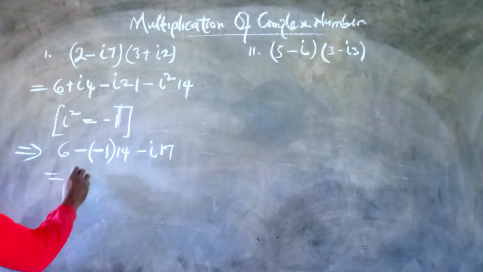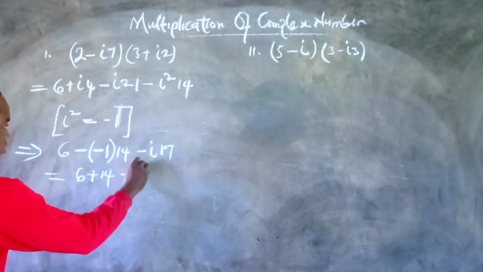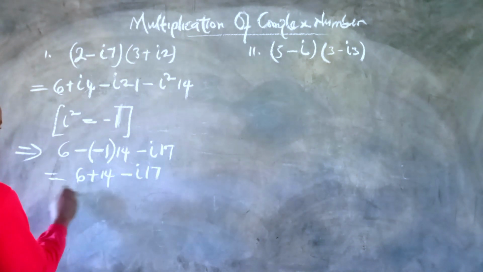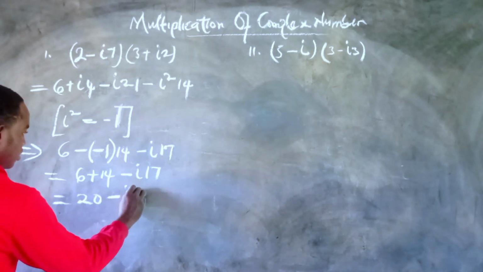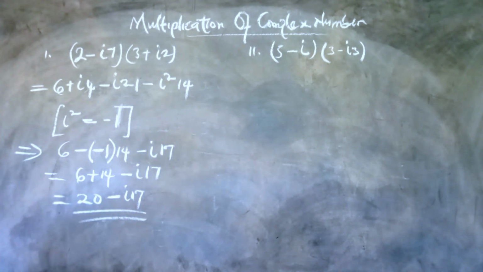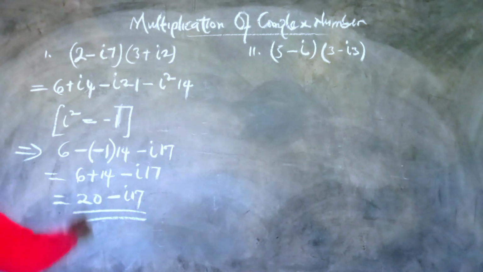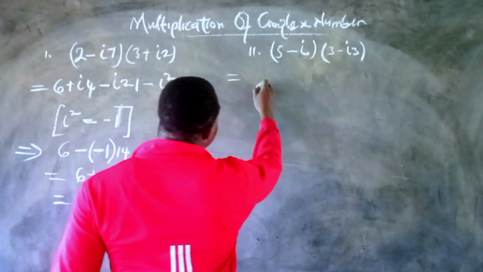And we put the rest of the imaginary part together, we have negative i17. So this will mean 6 plus 14, right? And minus i17. 6 plus 14 is 20 and minus i17. So there you have it, and we've expressed the answer in a plus ib form.